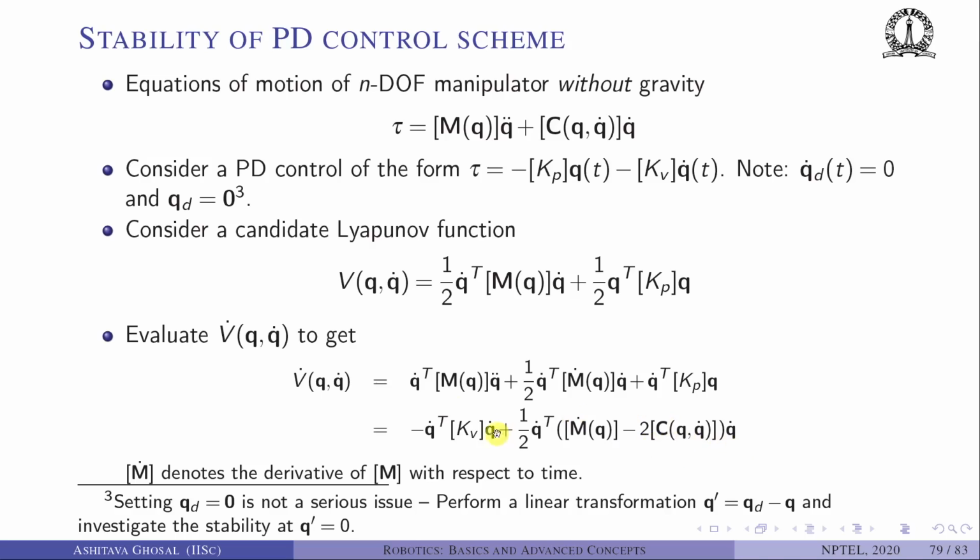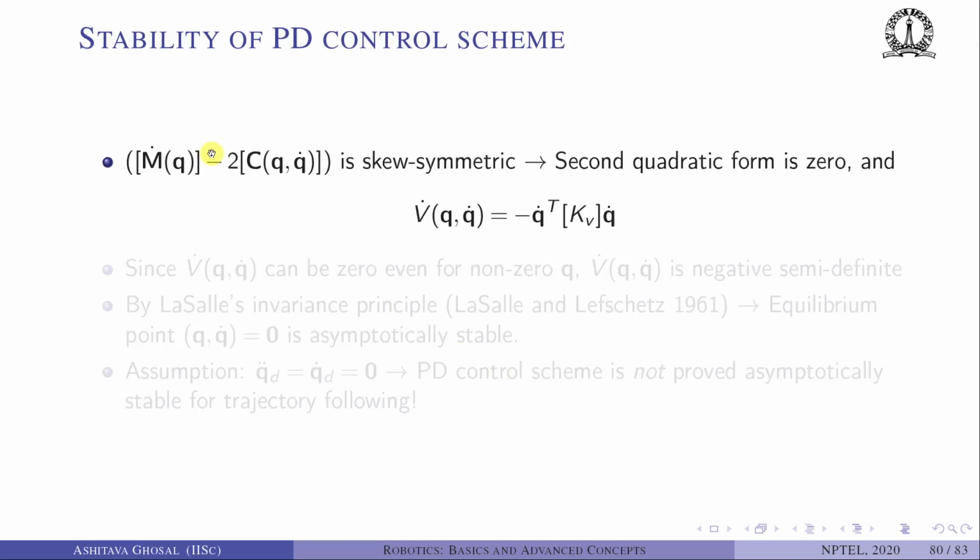This first term is negative, but we don't know about the second. This is the derivative of the mass matrix minus twice the Coriolis matrix. It turns out that M dot minus 2C is skew symmetric.